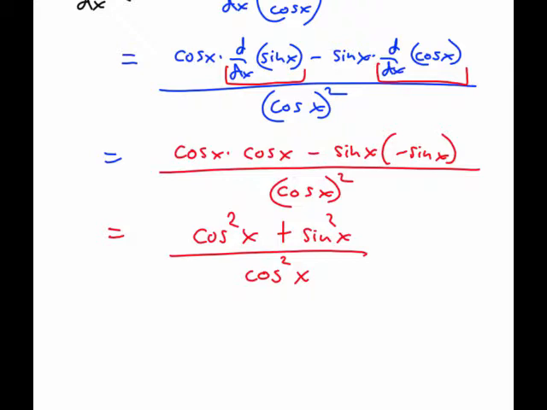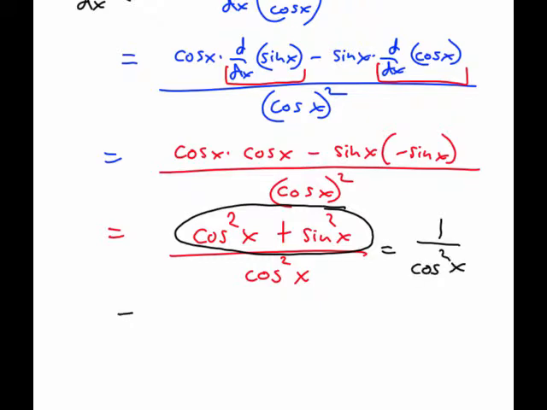Hopefully you recognize another identity here: on the top we have a Pythagorean identity from your identity sheet. Cosine squared plus sine squared is 1. So we have 1 divided by cosine squared x. And 1 divided by cosine, we know, is secant, so 1 over cosine squared is secant squared.